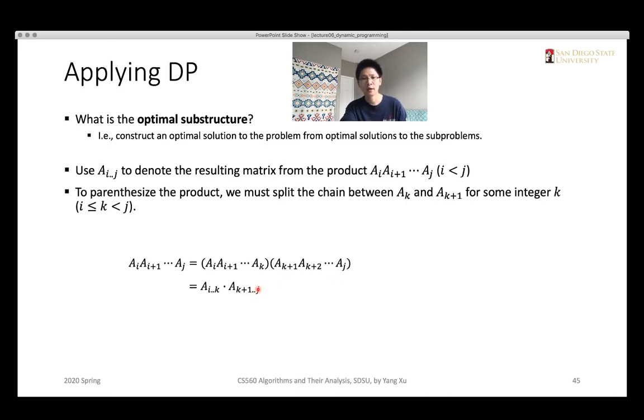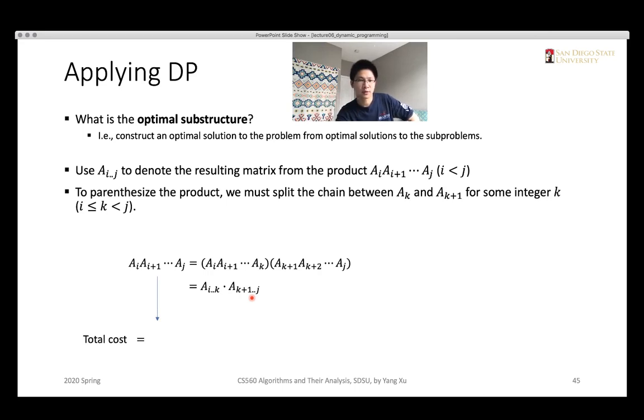Okay, so now if we write this way, A subscript I to K and A subscript K plus 1 to J represent two matrices actually, right? So this one is a matrix and this one is also a matrix. They are just the results of multiplying two chains respectively.